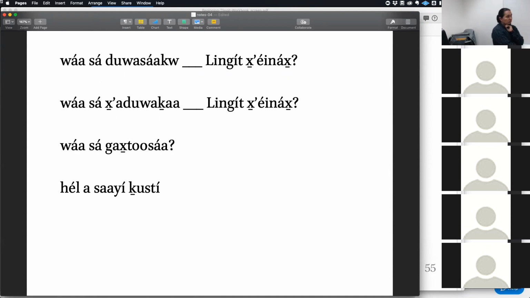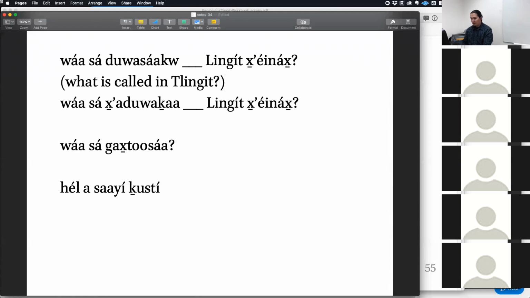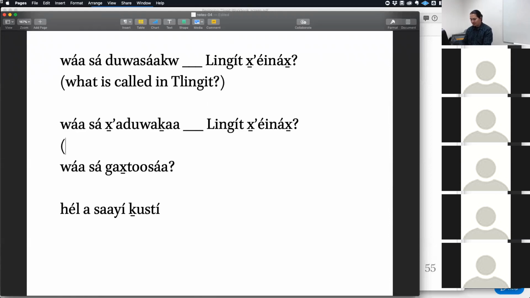Wasa adu ka Tlingit enach. What was the translation? Oh, yeah. So the first one is basically what is it called in Tlingit? And then this one here is, how is it said in Tlingit?